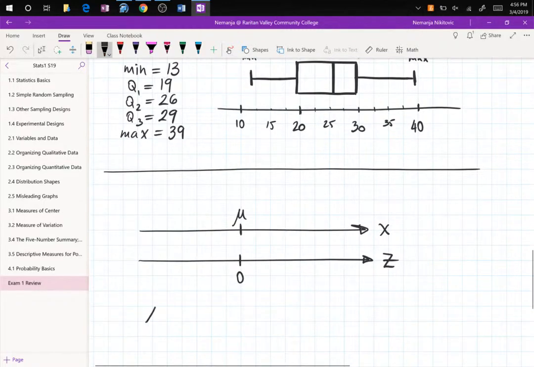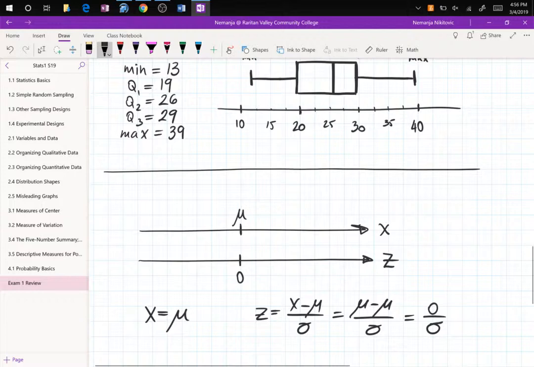Because if your x is equal to the mean, when you plug it in the formula for a z-score, it's x minus mean over sigma, which is mu minus mu over sigma, which is 0 over sigma, which is 0. That's why. And then you have mu plus 1 standard deviation. There will just be a 1 over here. Mu plus 2 standard deviations would just be 2 on a z-score, and mu plus 3 standard deviations would just give you 3 on a z-score.